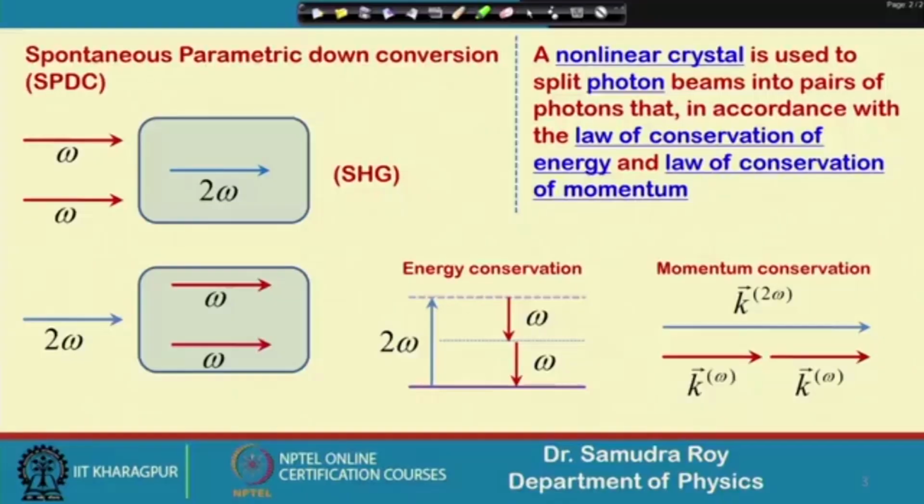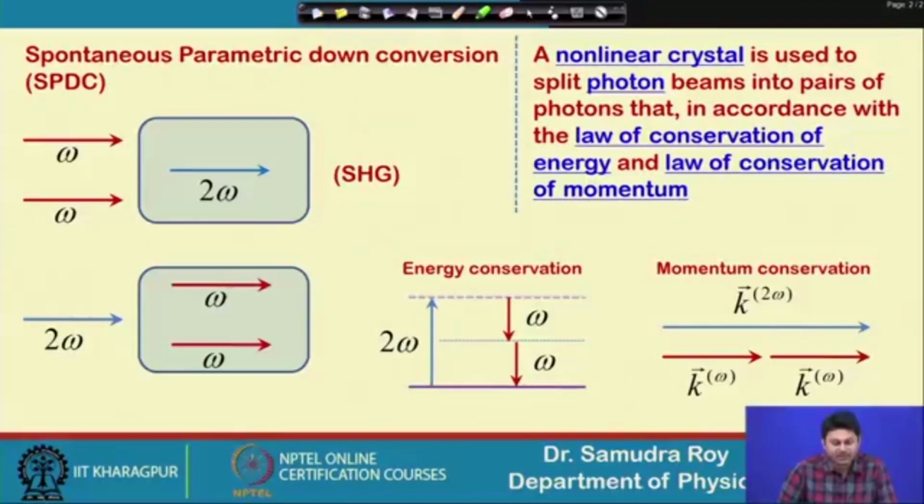So, let us go back to the old slide, the spontaneous parametric down conversion or SPDC, where we were studying one condition: if I launch a frequency 2 omega, is there a possibility to generate two photons of frequency omega and omega, considering that the energy conservation and momentum conservation are valid?